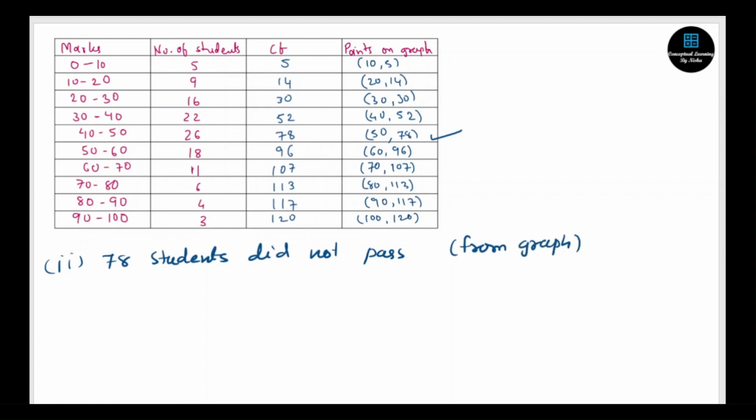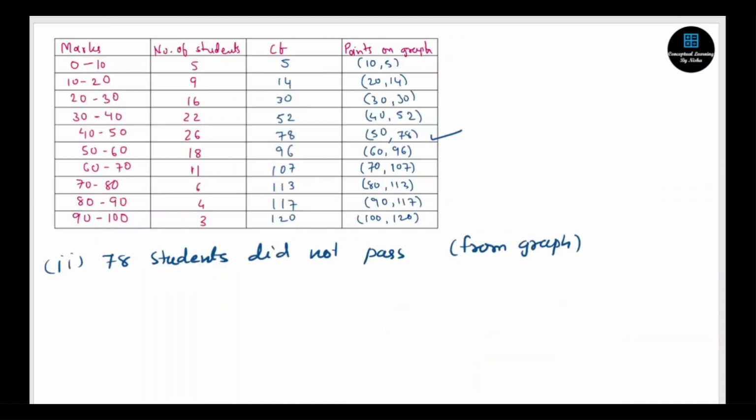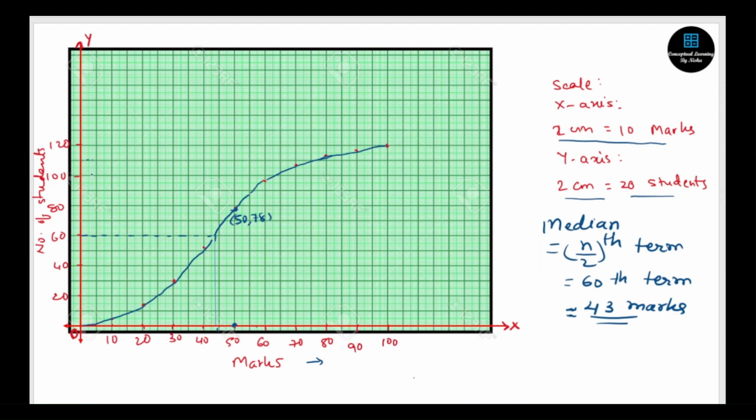And now the third question is to find the upper quartile marks. So the upper quartile, Q3, is nothing but the 3n over 4th term, and n equals 120, as we know. If I simplify, I'll get the 90th term. From the graph, to find the 90th term, here is 90.